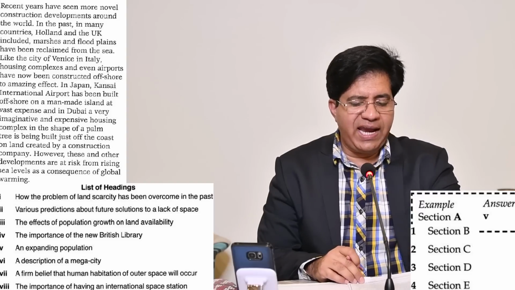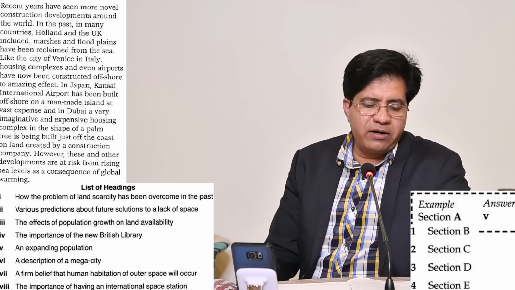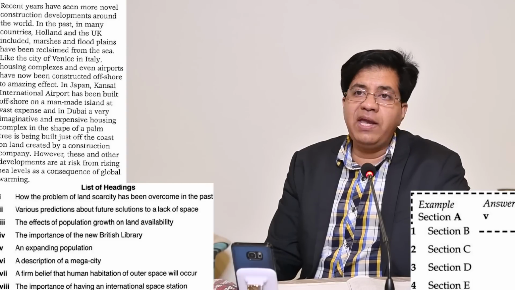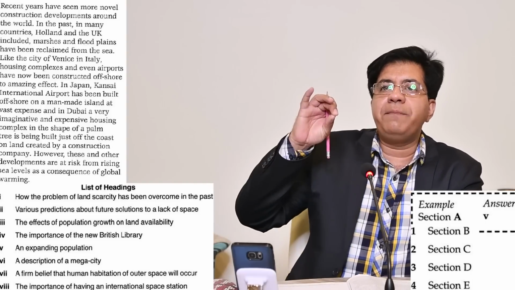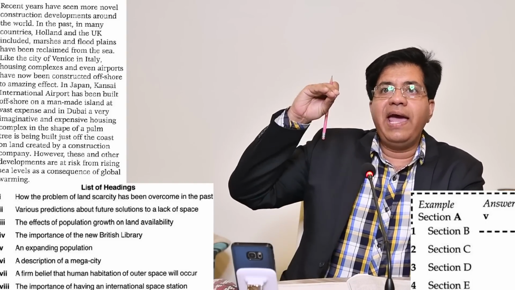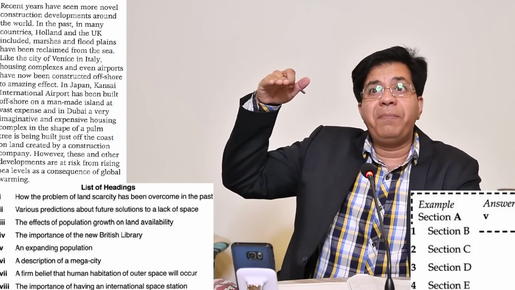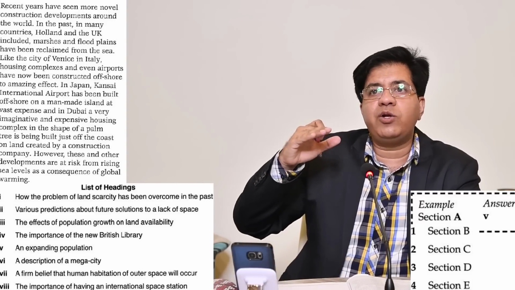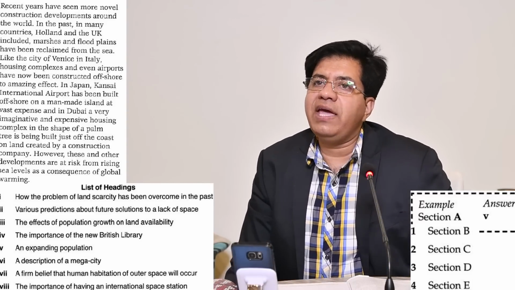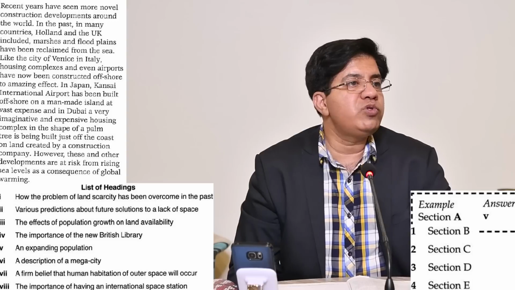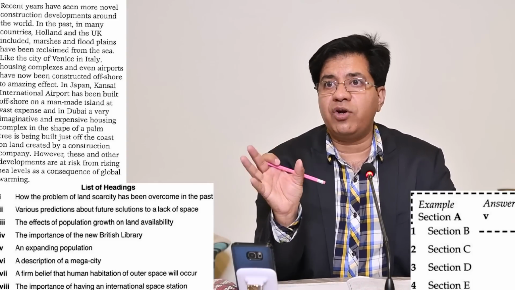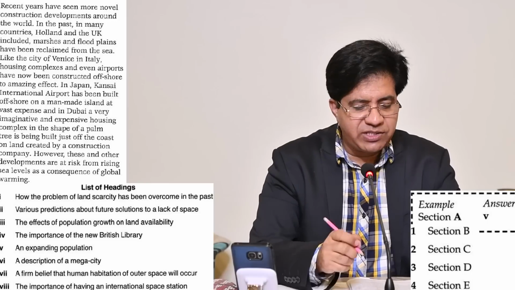How do we understand? Section C, first paragraph. The most common practice for the utilization of expensive space for living and working has been to build upwards. Now remember, whenever they say has been, it means past tense. Actually, it is present perfect, but they are using it to indicate past. And by the way, in the heading also, they use the same structure. So sometimes from sentence structure, you can understand which tense they are talking about.